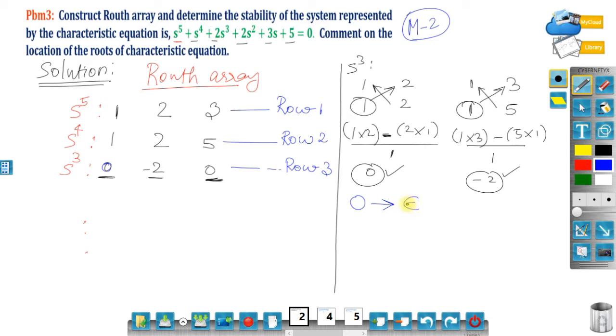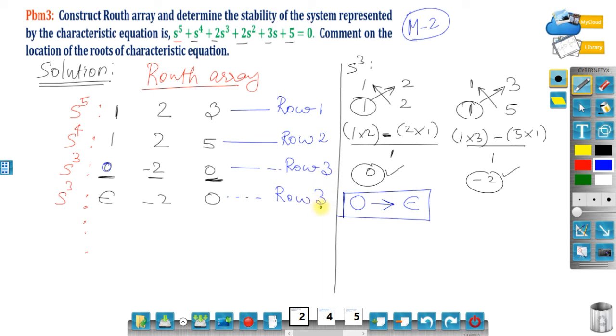I am not going to take the value as 0 here. I rewrite the row: s power 3 has eta in place of the 0, and the other entry is minus 2. This is what I am going to consider as row 3 now.